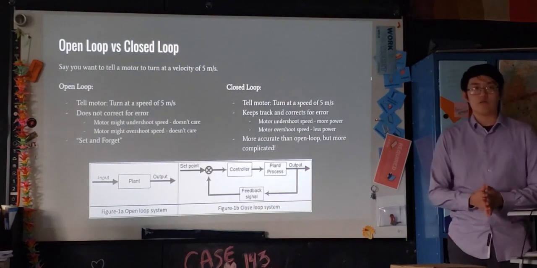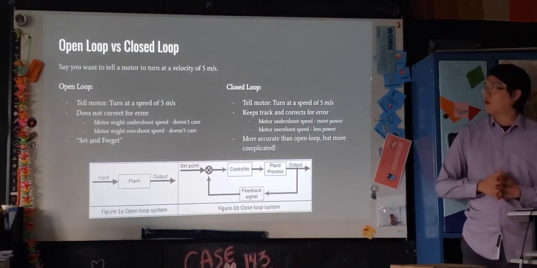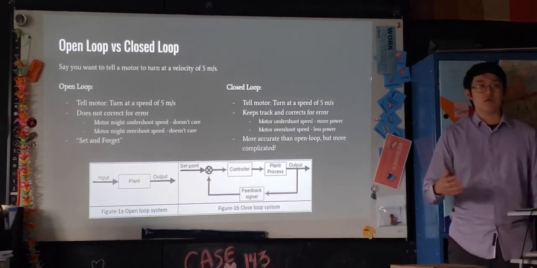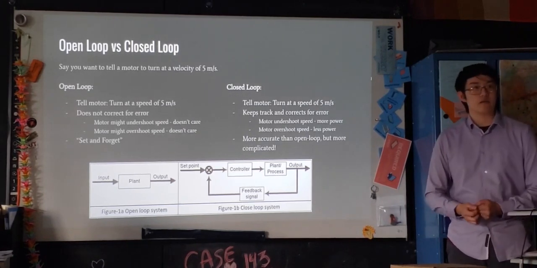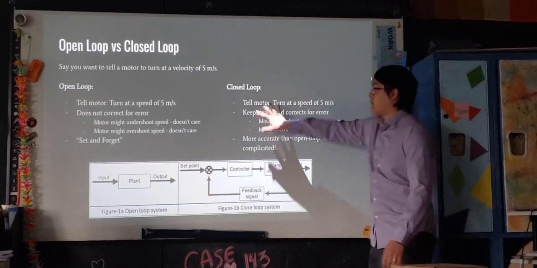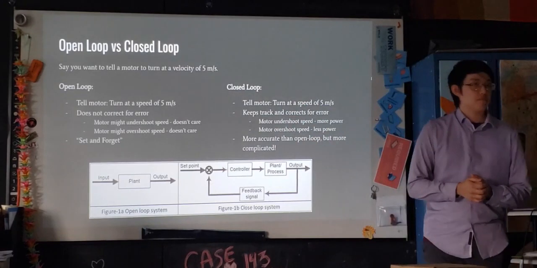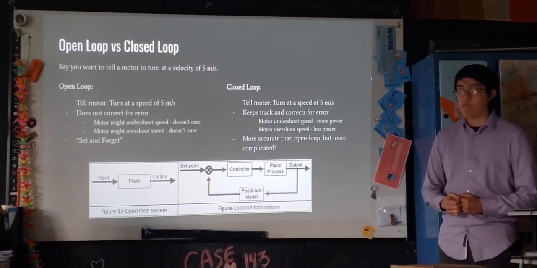Let's also define what open loop and closed loop is. So say you have a motor and you want it to turn. Your goal is to tell it to turn at a velocity of 5 meters per second, okay? Open loop, ignore this side for now, this is closed loop. Open loop goes something like this. Hey motor, go turn at 5 meters per second.